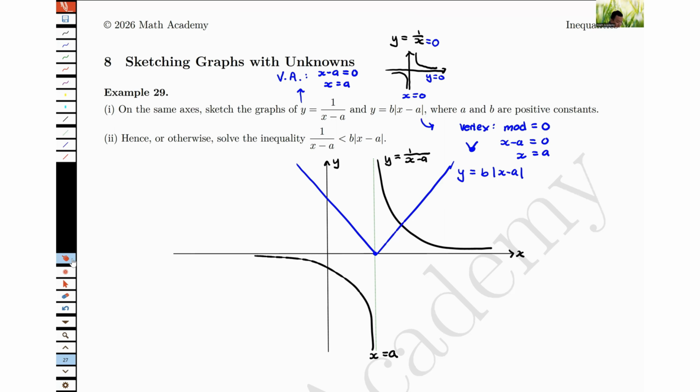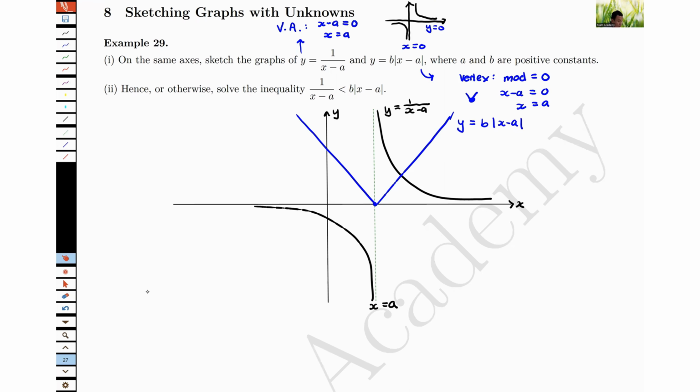In terms of drawing the graph, we are done. Let's now use it for part 2, where it's a hence problem. So hence, can we solve this inequality? I want the first graph to be less than the second graph. When they give you this kind of less than, it's referring to the y values. So think about the y values of the first graph being lesser than the y values of the second graph.